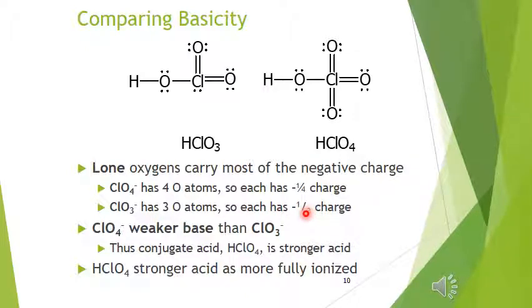It's like negative 1/3. And this one is even less, negative 1/4. So the more oxygens you have, the more spread out the charge is, and it's harder to find, and it's harder to reform with the conjugate base.